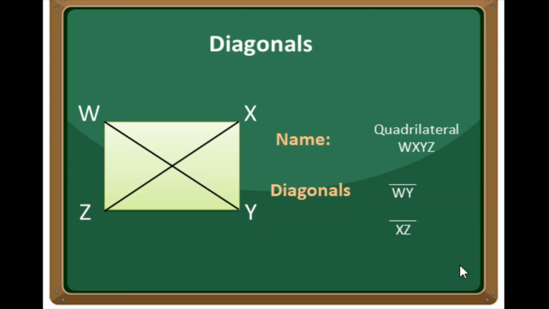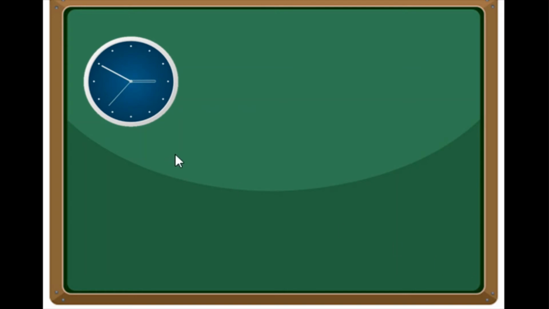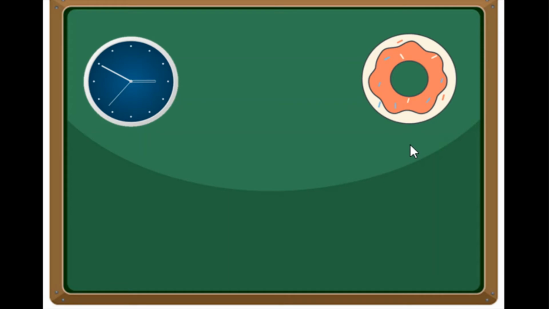This time, let's move on to another familiar object or another familiar shape. What picture is this? Okay, good job. It is a clock. How about this one? What is this?